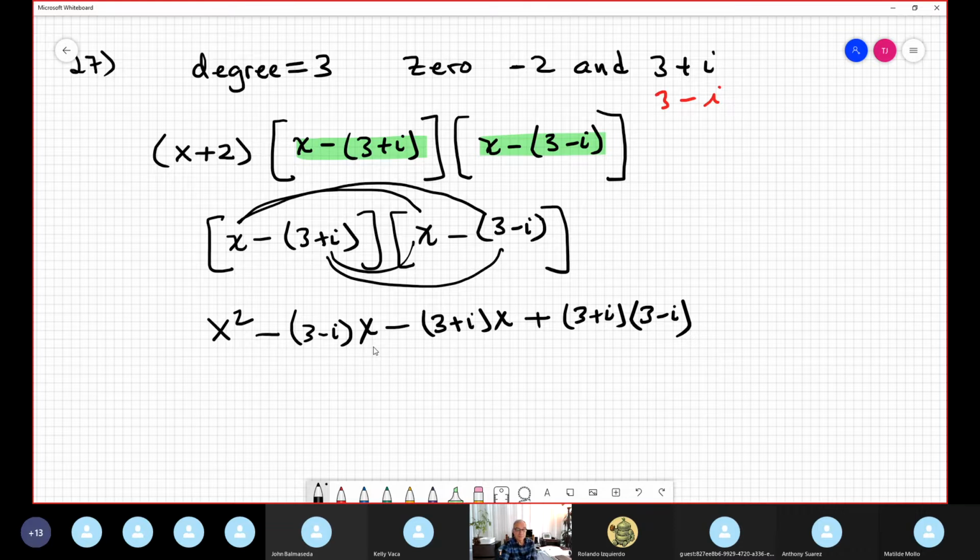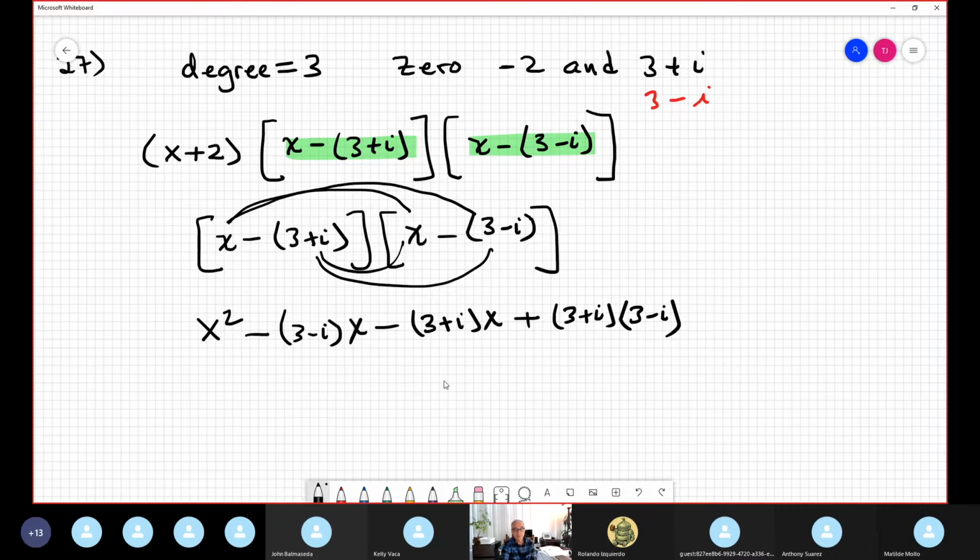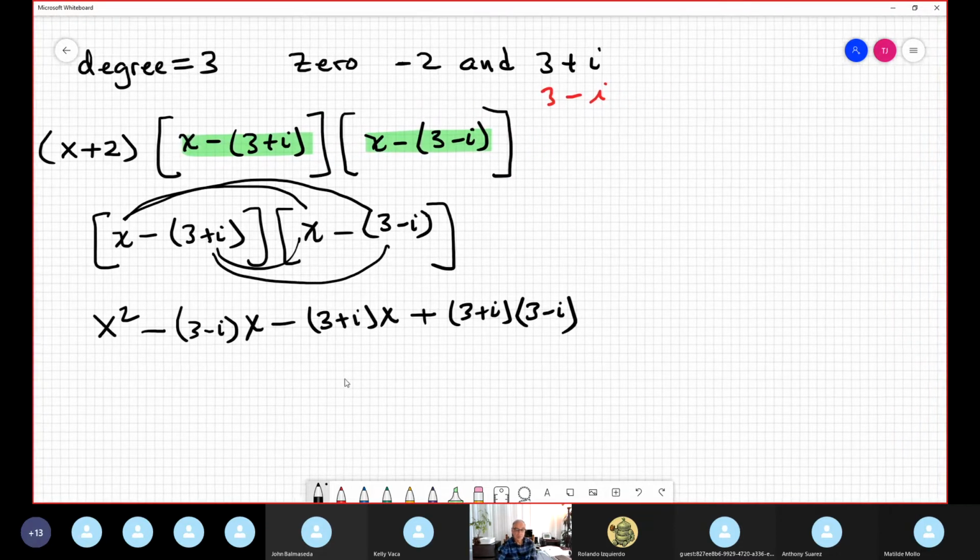So far it's okay. Now we focus on the multiplication of two complex numbers, which is very, very interesting, because when you multiply two complex numbers that are conjugates, the answer is always real, no imaginary part anymore.